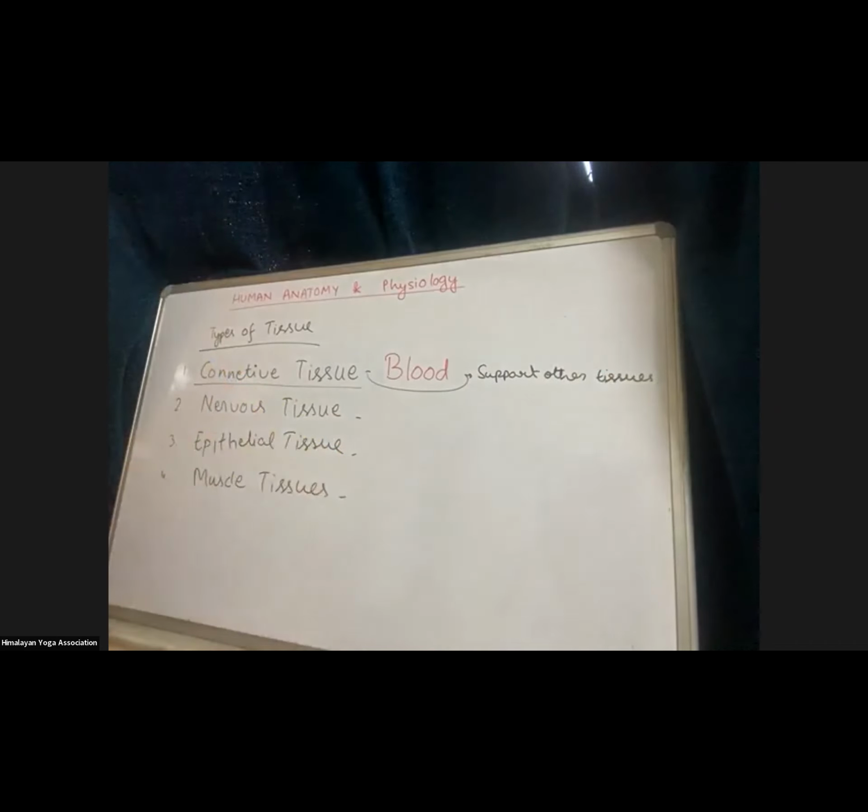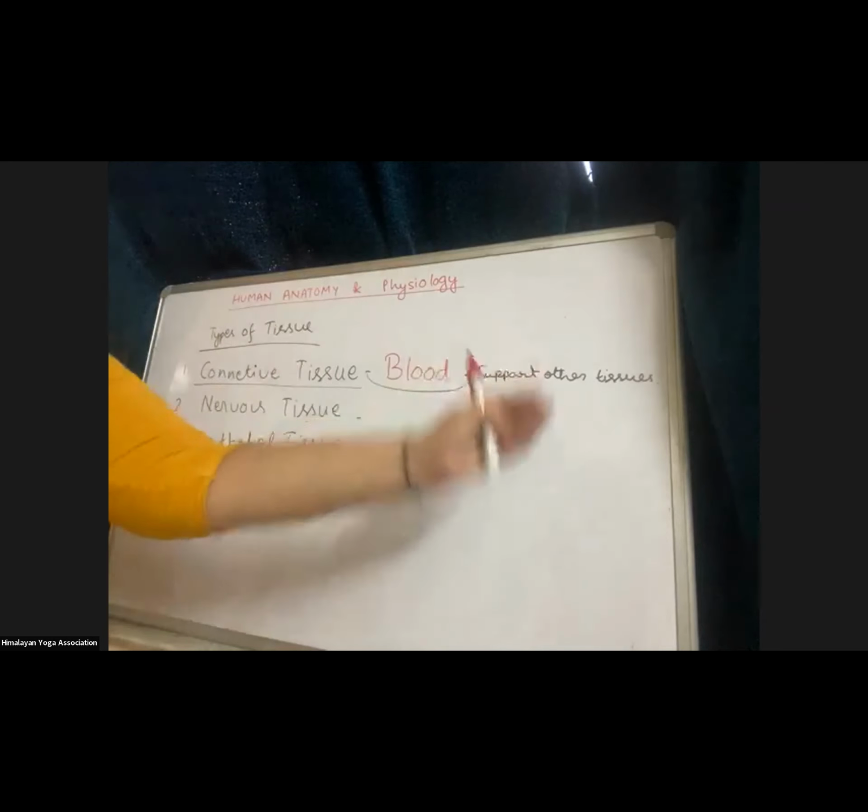You see, these blood, ligaments, tendons, they are not any organ by themselves. They are here to support. A ligament is here to support the bones, the tendons to support the bones and the muscles, then fascia is for muscles. So these are supporting other tissues.